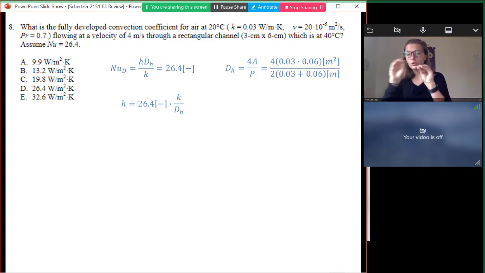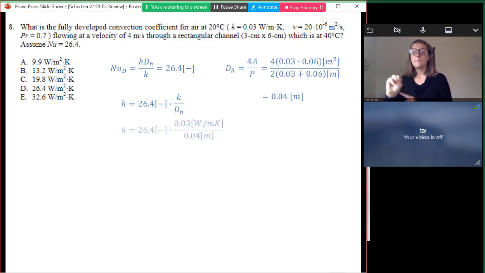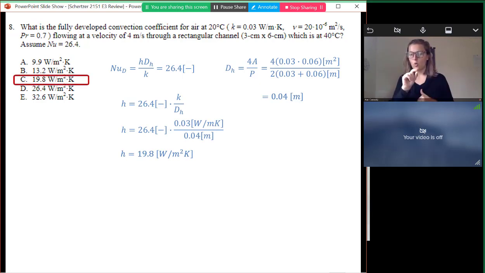You could leave it as centimeters and just convert at the end, since the units drop out. You get 0.04 meters, or 4 centimeters. I put that back into my equation for the heat transfer coefficient, and I get just under 20, which is one of the answers on my multiple choice. So I pick C.